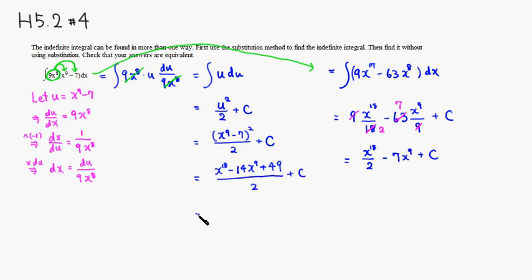Right? So this is really x to the 18th power over 2 minus 7 x to the 9th power plus 49 over 2 plus c. So as you can see, this 49 over 2 is just a constant. You can actually let this be absorbed into the constant c there. So that's why here it does not show up, but these two are equivalent.